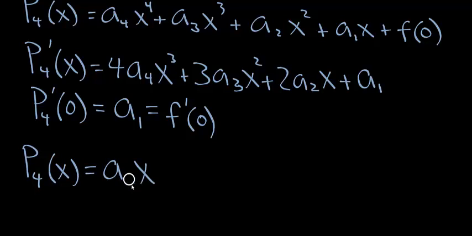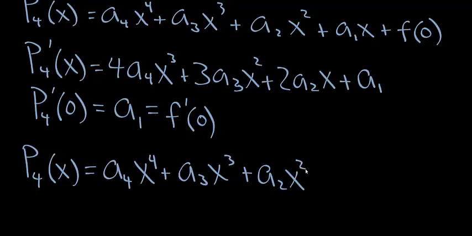So this is 4. And now we're at x, okay, a2 x squared. But now, look, instead of a1, we've got f prime of 0. And then we've got f of 0. Y'all see that? See how I'm building this polynomial?